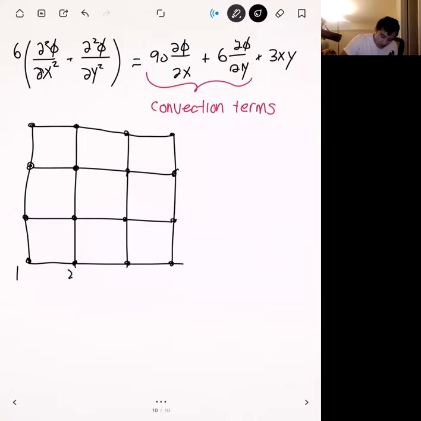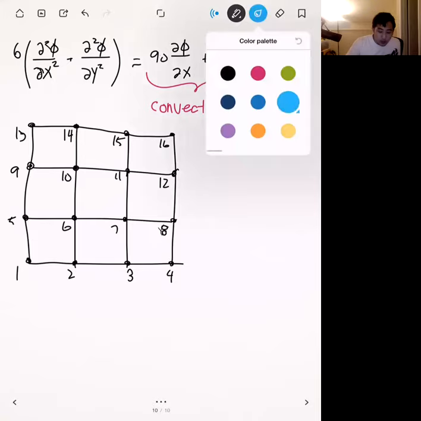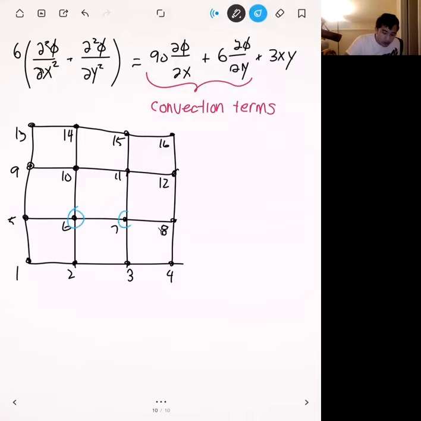Let's label all of these nodes. These convection terms are going to change how we write the equations for all of these nodes right here.